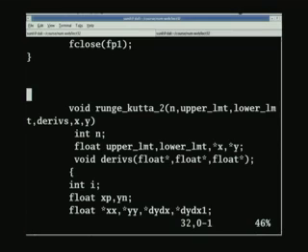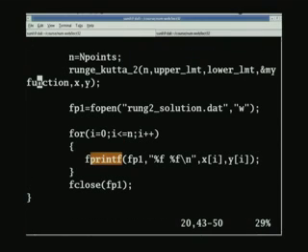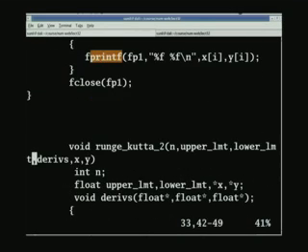So when I supply a pointer to the function which is the right hand side of my differential equation as my function, the Runge-Kutta program is actually receiving it as derivs.